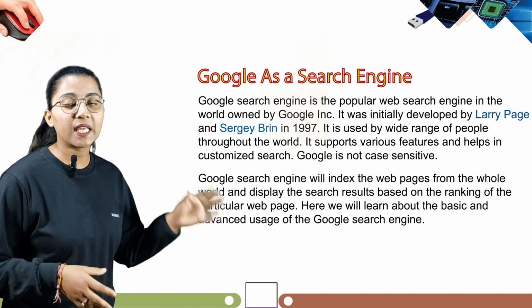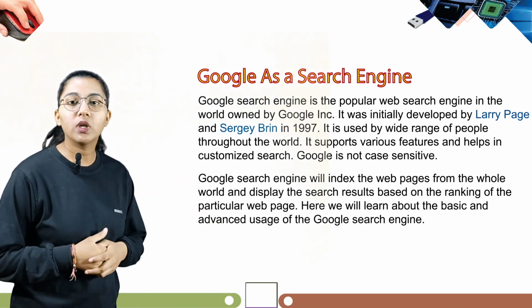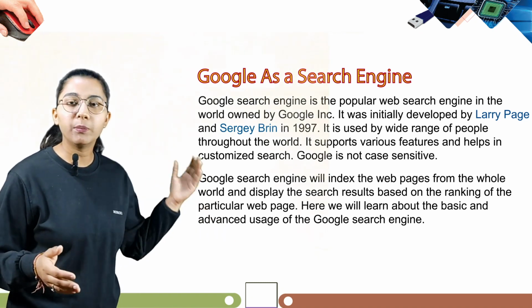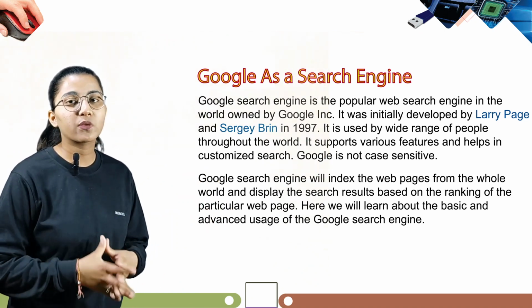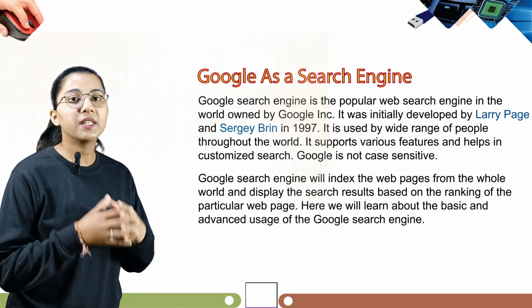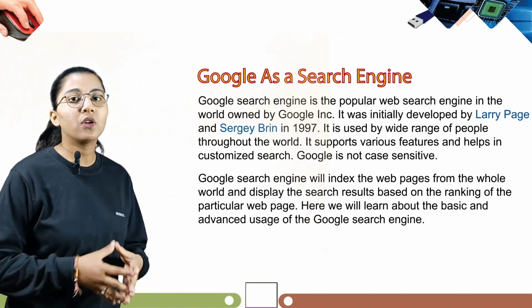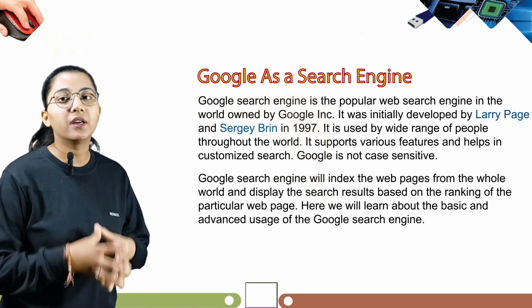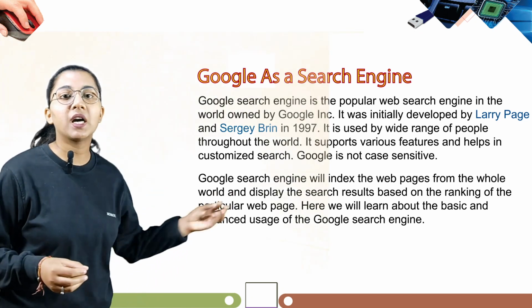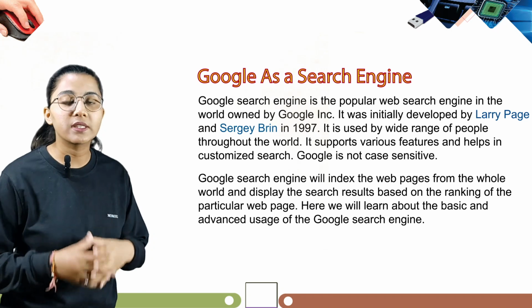Google is not case sensitive. Google search engine will index the web pages from the whole world and display the search results based on the ranking of the particular web page. Here we will learn about the basic and advanced usage of the Google search engine.